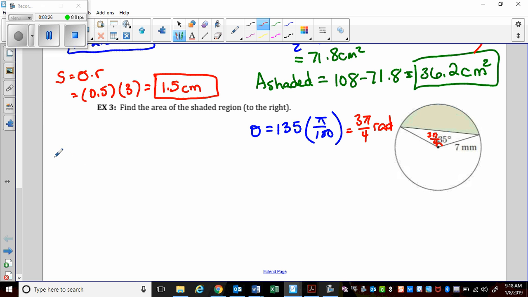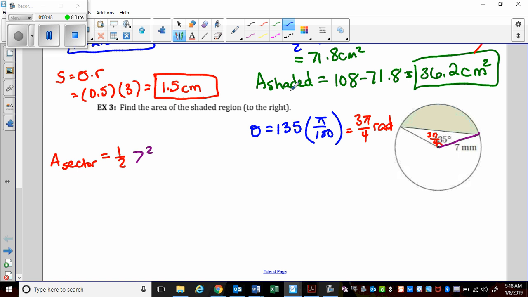All right, well, my area of the whole sector, the formula is 1/2. My radius is 7. So we have 7 squared times my radians.